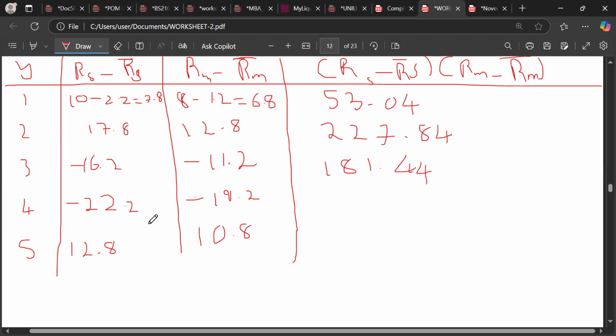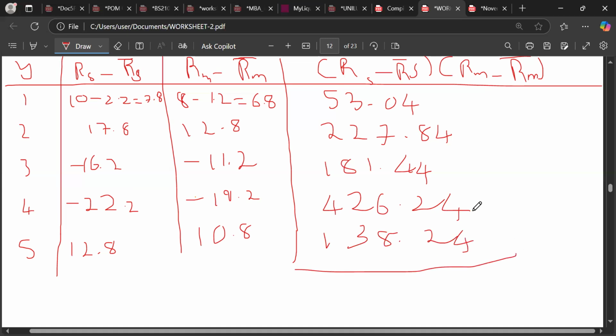The next one is going to be 22.2 times 19.2, sorry, will give us 426.24. And the last one will be 12.8 times 10.8, to give us 138.24 here. So what's the summation of all this?